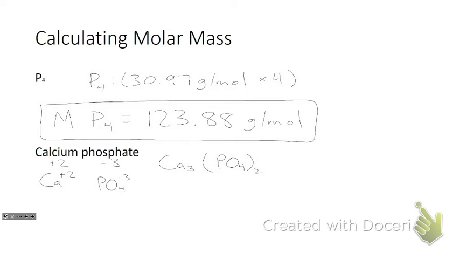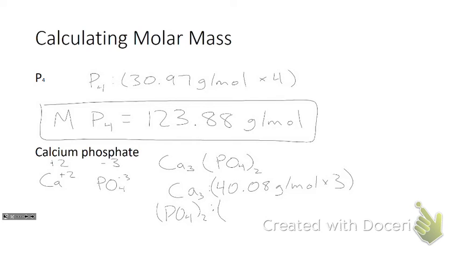Okay. So molar mass of this. So calcium, and there's 3 of them. So calcium has a molar mass of 40.08 grams per mole times 3. And then (PO4)2. So there are a couple ways that you guys can do this.